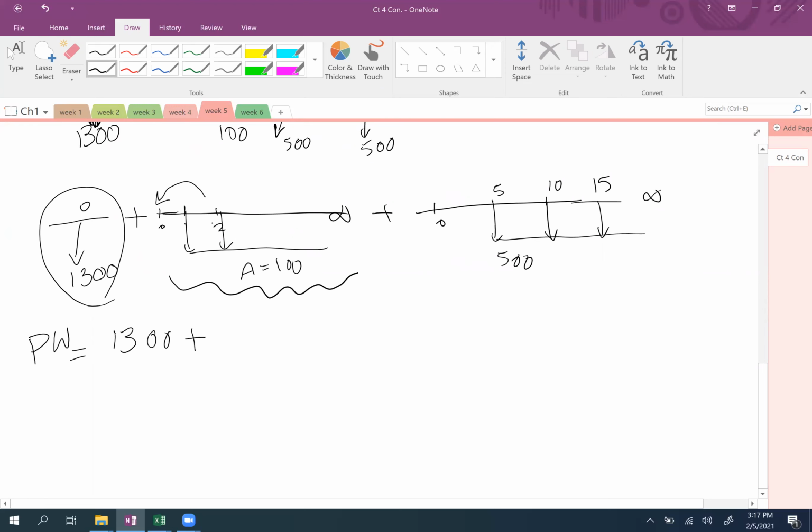So capitalized cost for this is, officially, A times P given A, i percent, let's say interest rate is equal to 10%, and infinity. We just talked about it again today: the value of this factor is equal to 1 over i. And I know the value of A is equal to 100. That's why whenever we have such a cash flow looking like the second cash flow diagram here, we can say capitalized cost is simply equal to A over i.